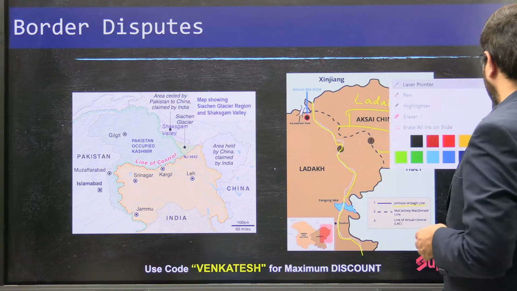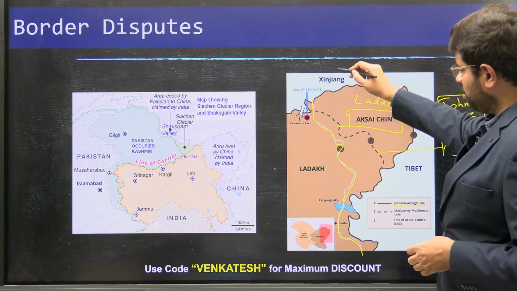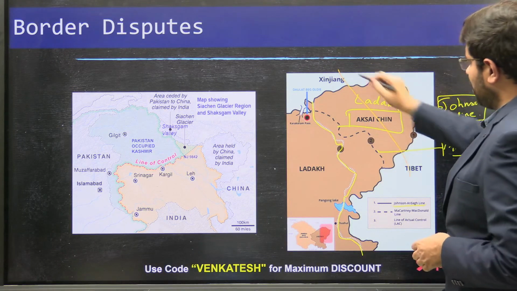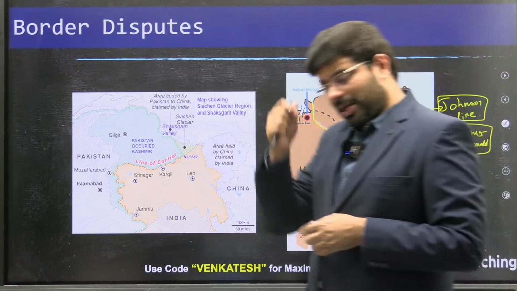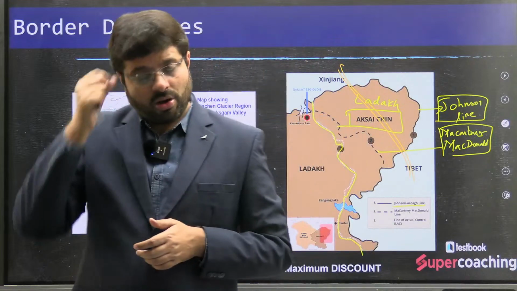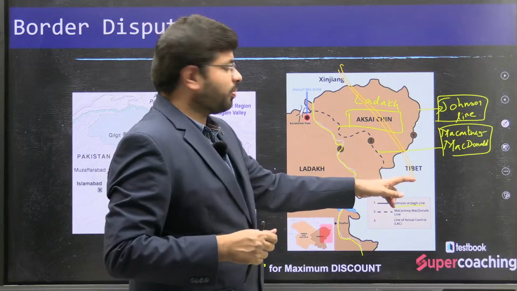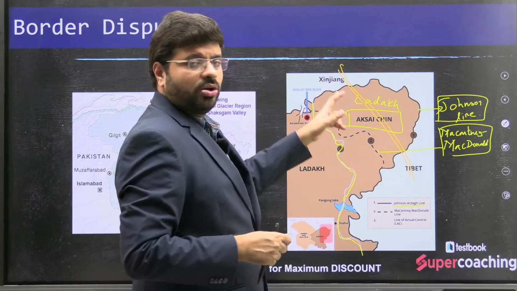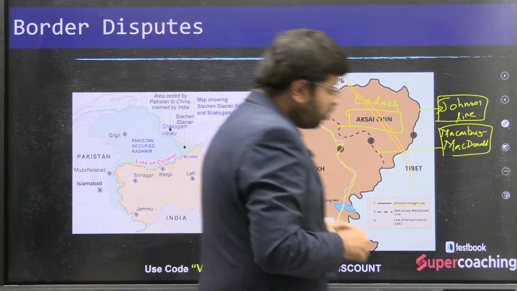There is a roadway passing through this region, a crucial highway, the connectivity between the Tibet province of China and the Xinjiang province of China. That is the reason why they wanted to claim this.